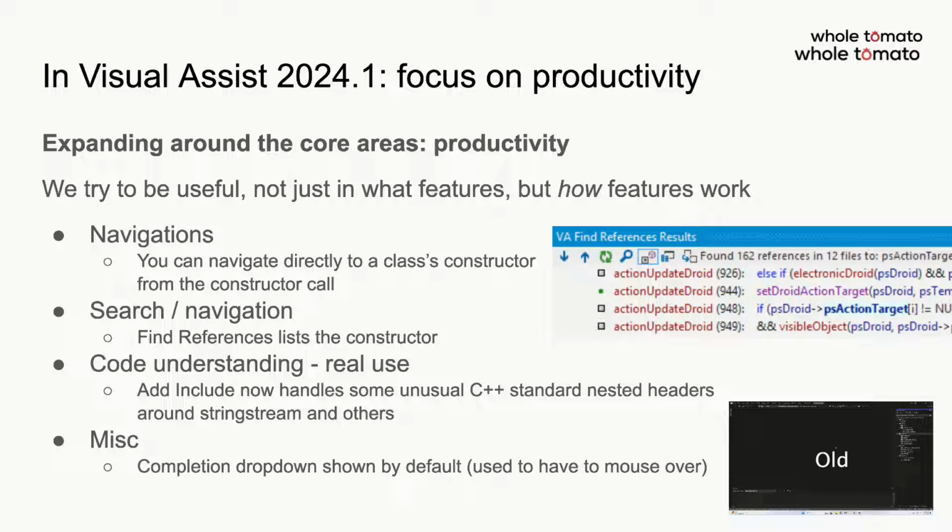Focusing on real-world use, not just a feature list, we made sure that the add include feature, which adds an include statement for whatever is written in your code, understands some of the somewhat odd standard library behavior around string stream and related headers to make sure it adds the right header. Our completion dropdown is shown without mouse interaction now. Things like this are small, but I think show our focus on details.